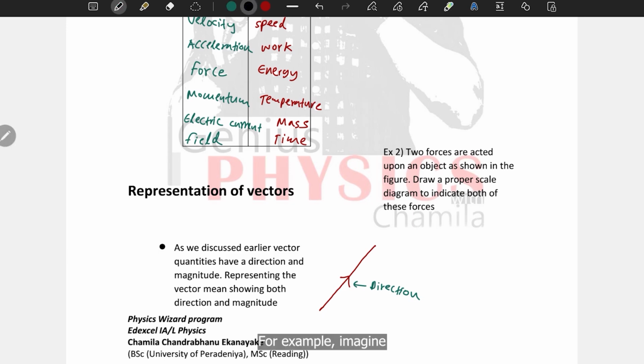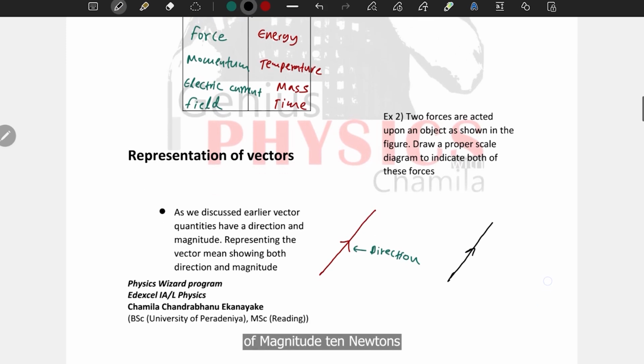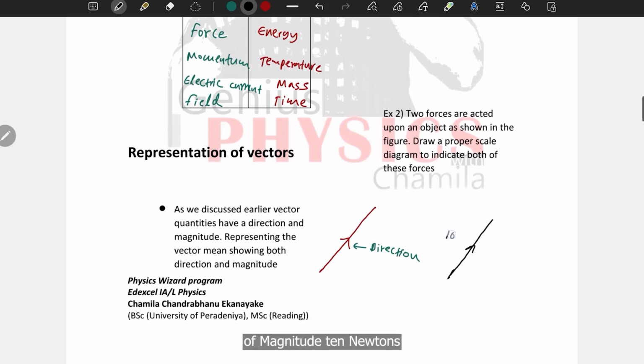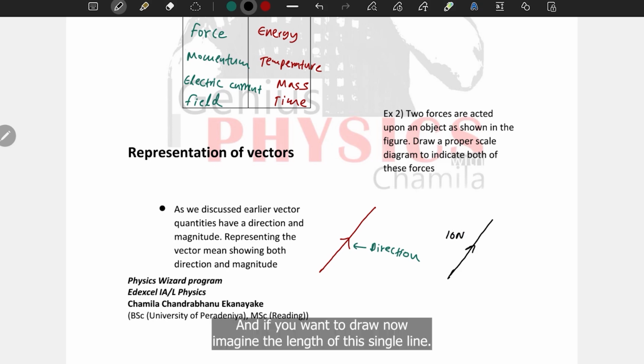For example, imagine if you have a vector of magnitude 10 newtons pointing in a direction like this, and now imagine the length of this single line.